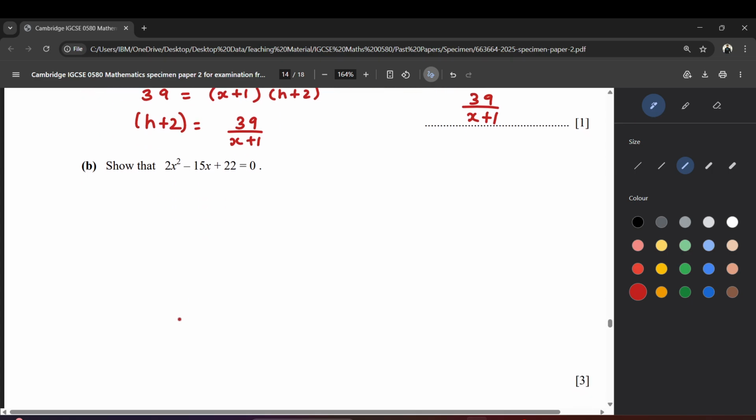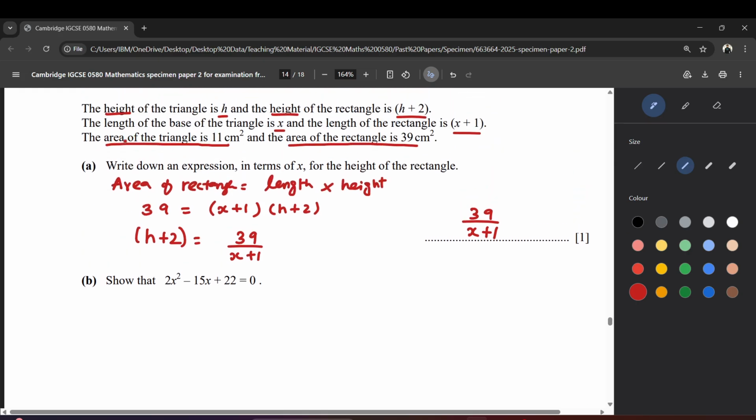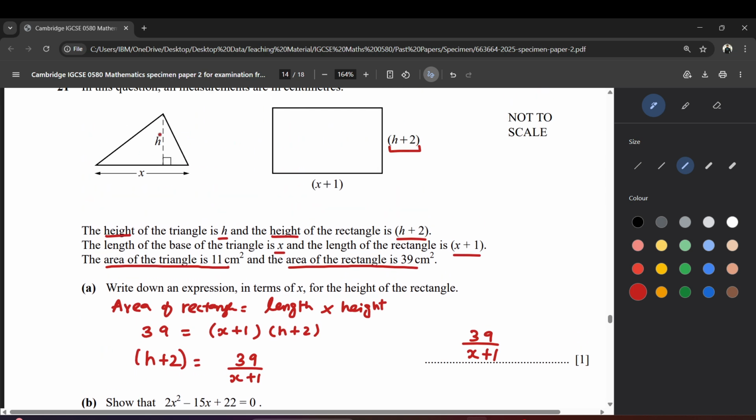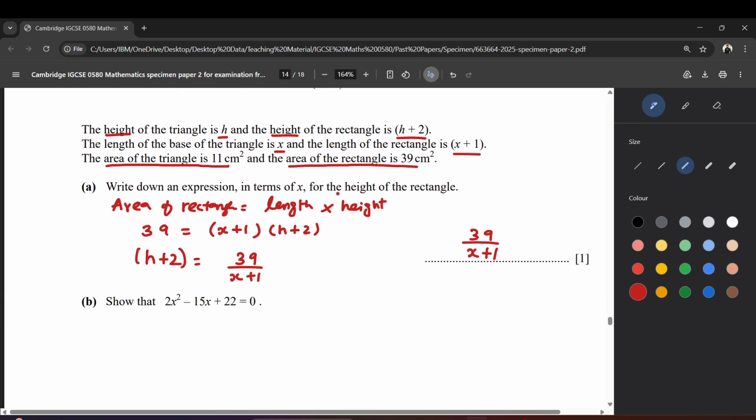Now they haven't given you more context on how to achieve this, but they have given you the area of the triangle, and the dimensions in terms of x and h. Let's see where we end up. Just like we got an expression from the area of the rectangle, let's try the same with the triangle.